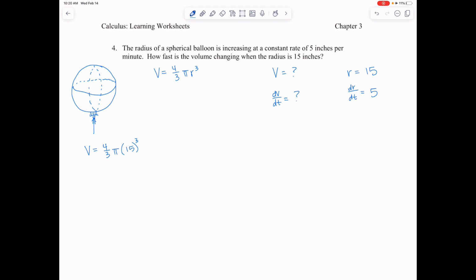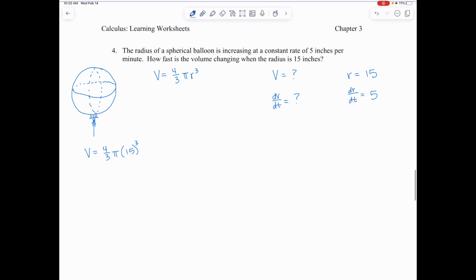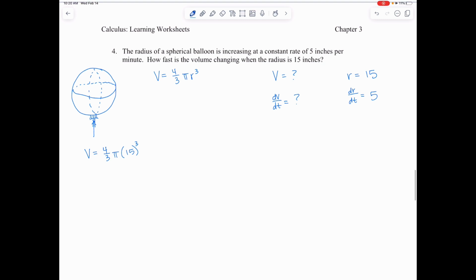So if we multiply this, 4/3 times 15 cubed and leave the pi in so that way it's as accurate as possible, we should be getting 4,500 pi as our volume. And that's how I'm going to leave it for now, just so that way we're not approximating too early. So we'll update what we know.